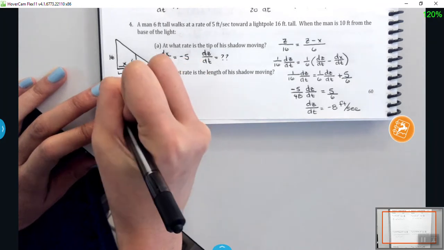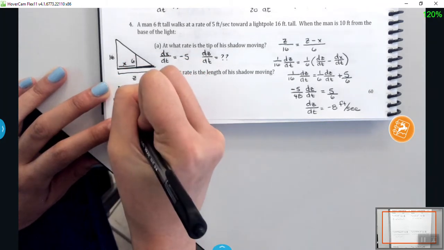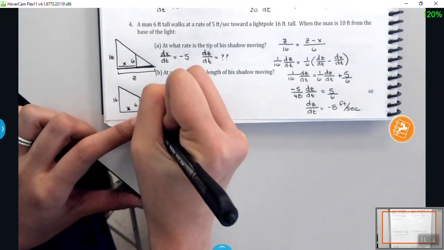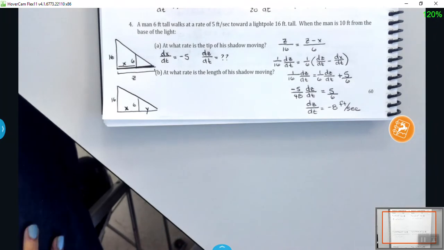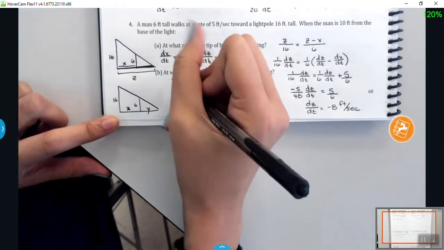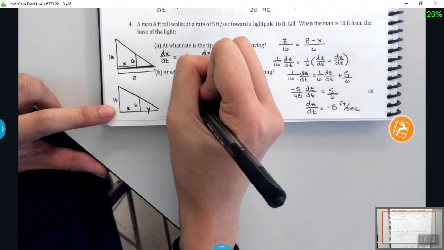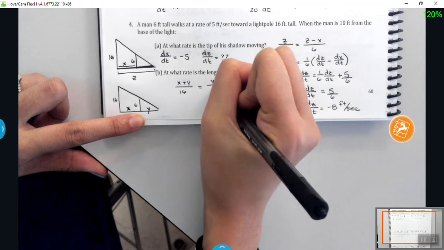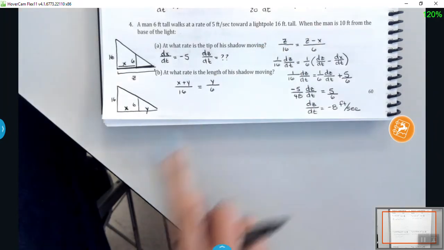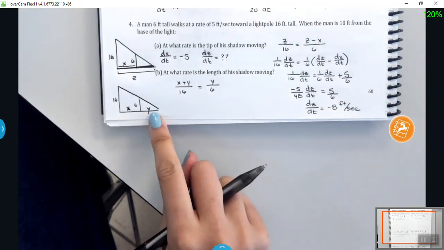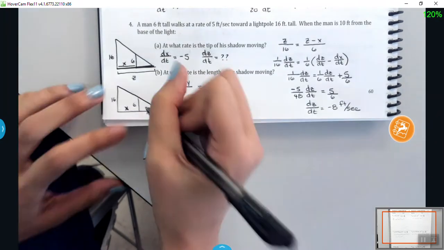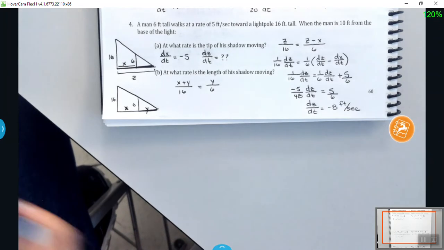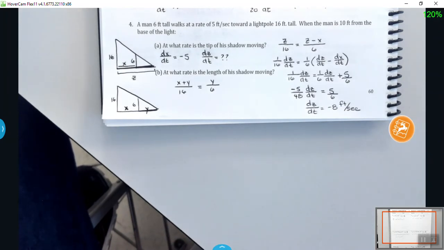This is 6 and this is 16. This is still x because you know dx/dt, but this time you're solving for this length y. That one's a little easier because you can set up the ratio x plus y over 16 equals y over 6. Then you're just solving for dy/dt, the length of his shadow moving, not his whole tip shadow.